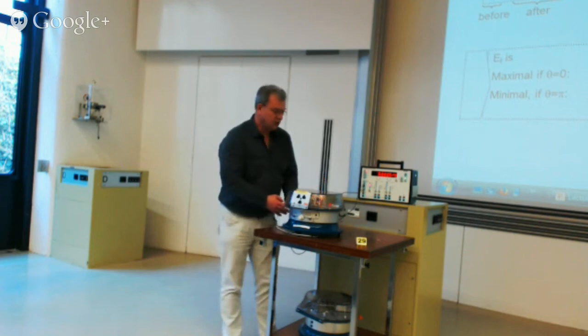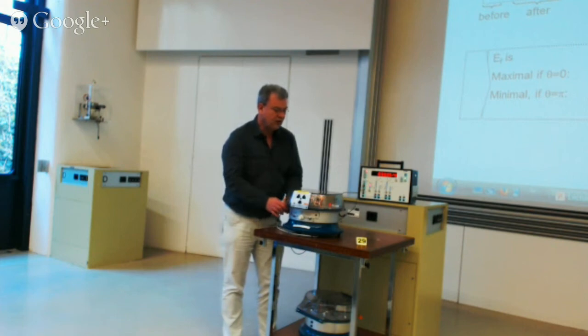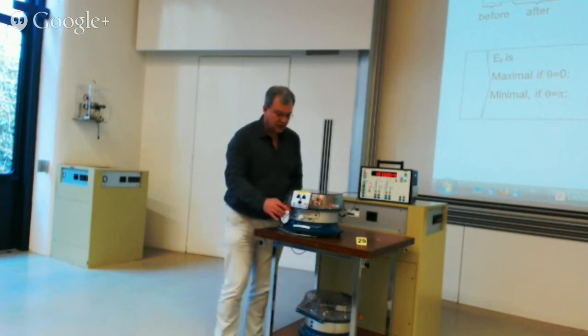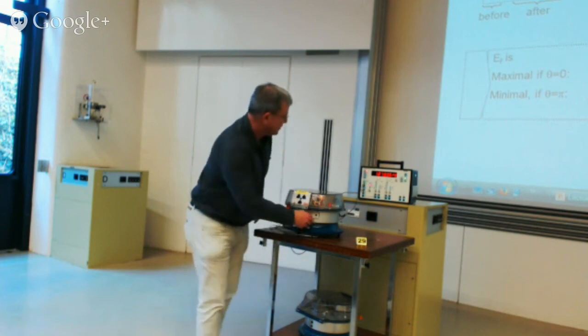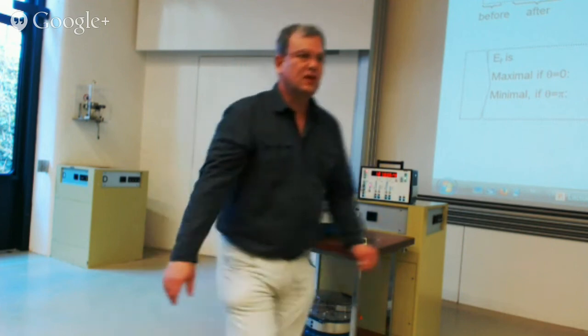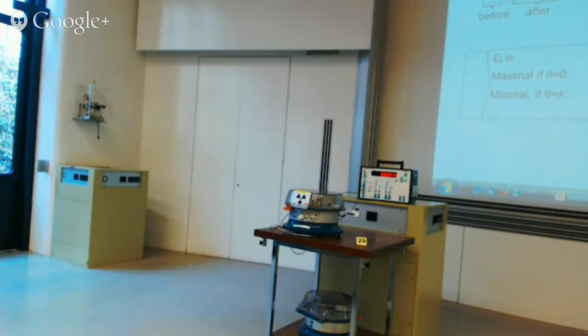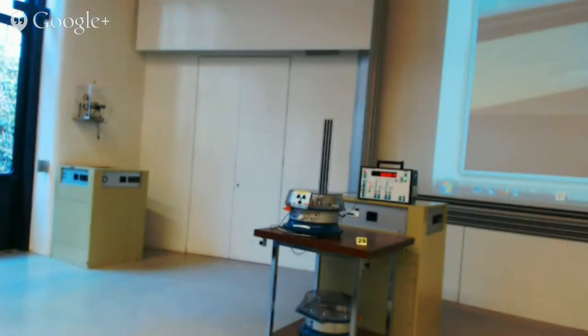If I go back to reducing the angle, then the intensity, the energy of the photons increases. So that's the Compton effect, and that's actually a fairly important effect that we're going to use in the weeks to come.